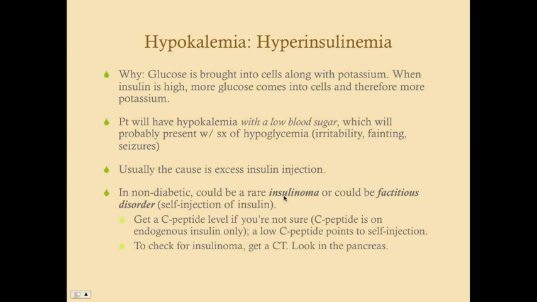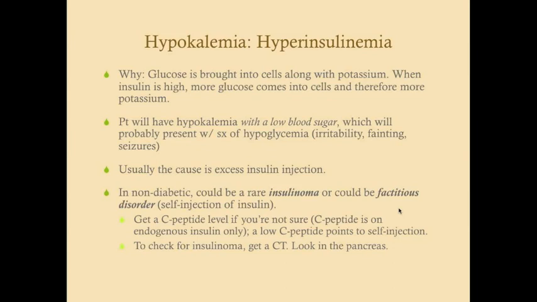So what you would think is, okay, how am I going to tell these two apart? They're both in non-diabetics. What you can do is get a C-peptide level, because I will tell you that factitious disorder, when patients inject themselves with insulin, is actually pretty common. And so you're going to lean towards that first. But you don't want to just assume that, because if the patient has an insulinoma, you want to know.